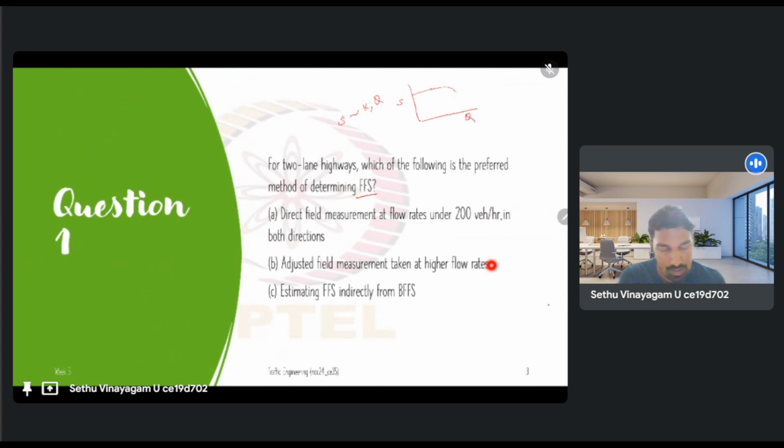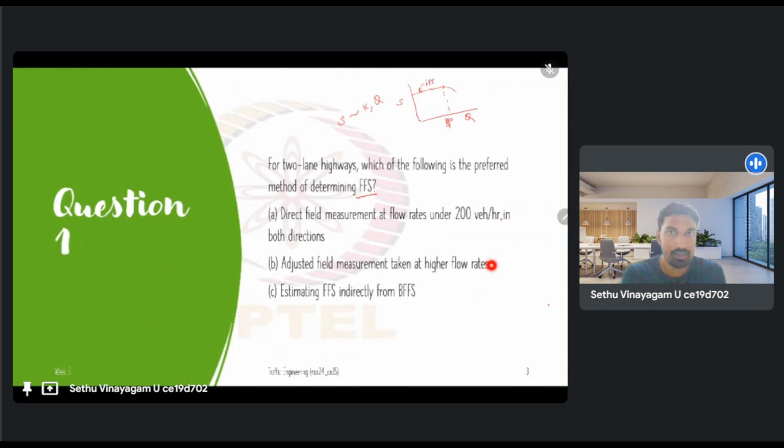Until some point the speed remains constant at some value. At low flow conditions it remains constant, and after some point it starts decreasing in a non-linear fashion. This particular point is what we call the break point, and this constant speed is our free flow speed.